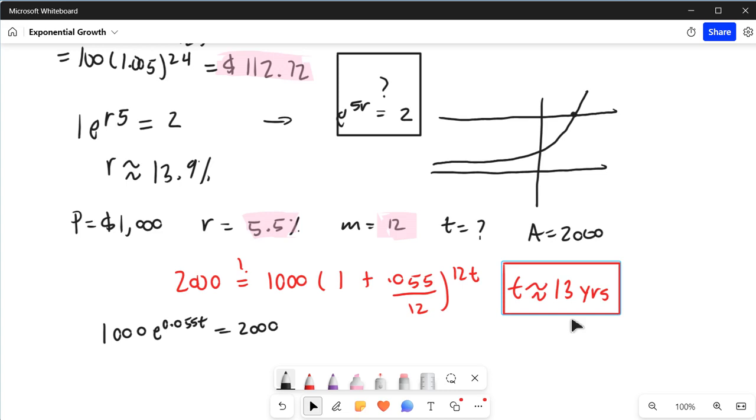We'll be looking a lot more at this topic, but we'll also be looking at situations that would not necessarily be exponential, but logarithmic. So hopefully this helps in terms of getting down to the basics of what an exponential function is and how they can be used.